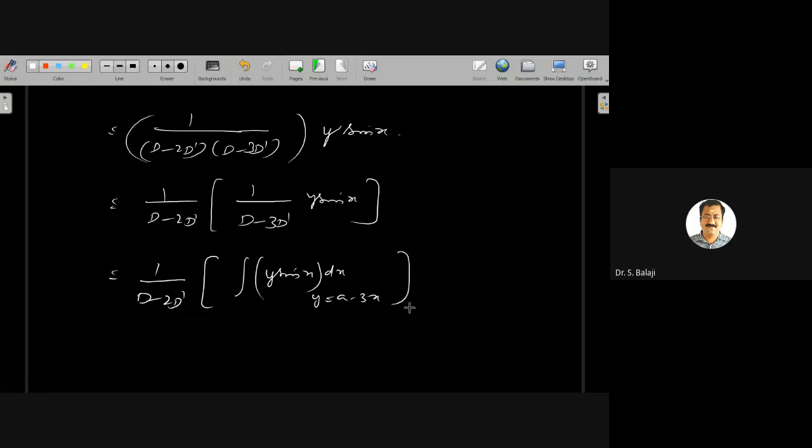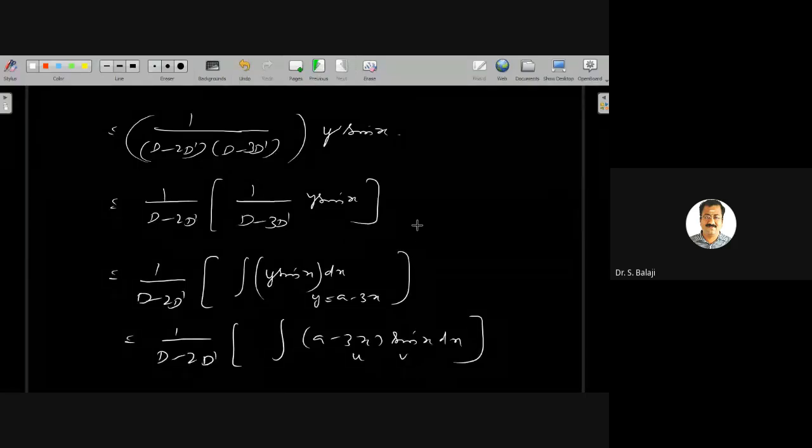With the help of this factor, you change y to a − 3x, so it becomes (a − 3x) sin x dx. Now it is a product of two functions, one algebraic and one sine. Therefore, apply Bernoulli's formula, or integration by parts.